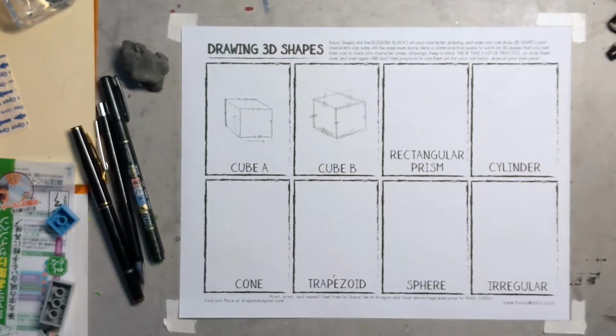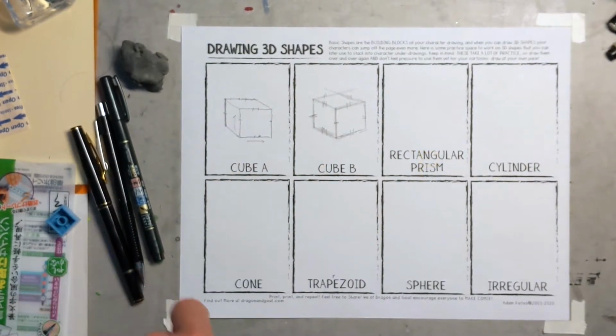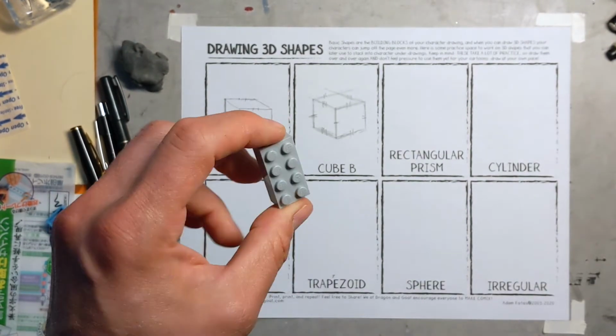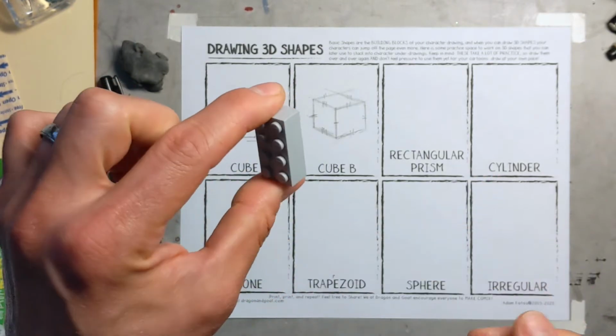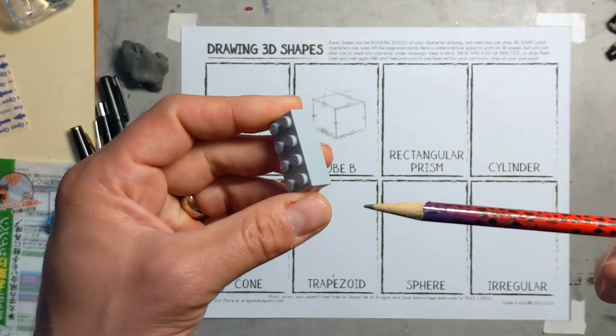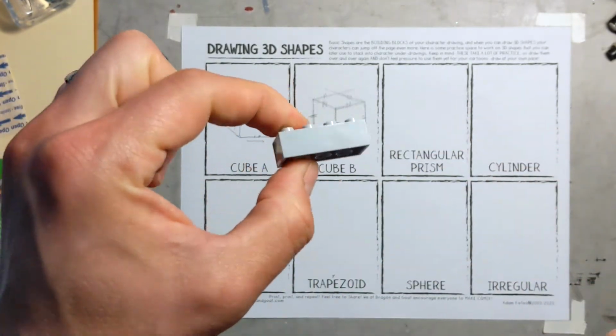So moving on to the rectangular prism, not too much different than the square, except for a rectangle, you've got sort of different sizes. You've got your vertical rectangle, which might be really tall and skinny, and then you've got your sort of wider rectangle, right? So you can sort of make it wider.